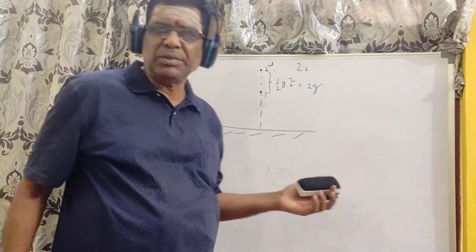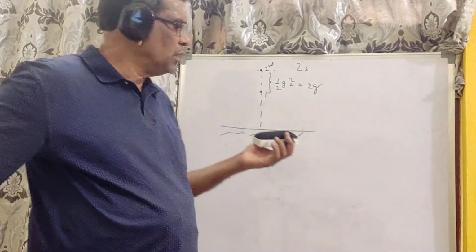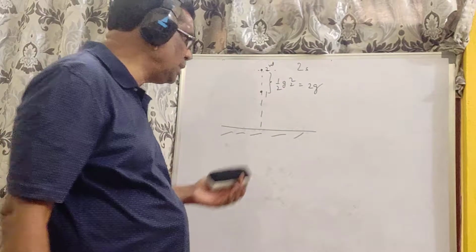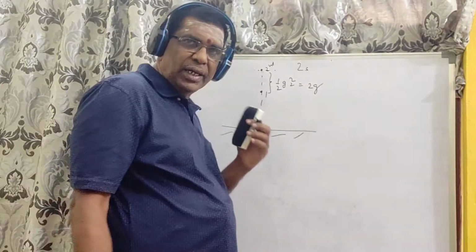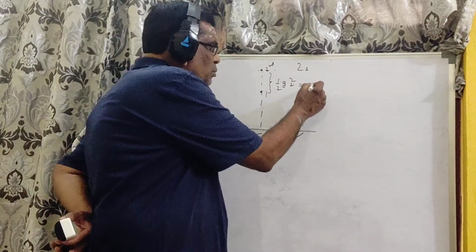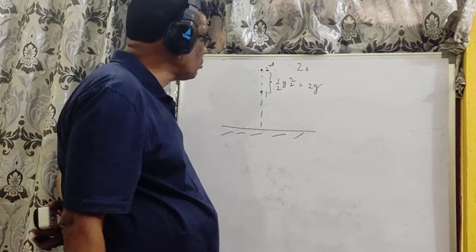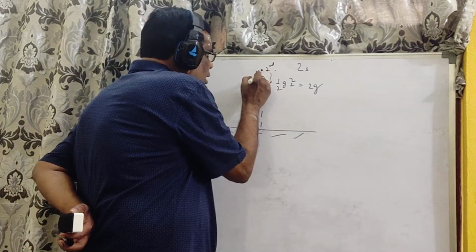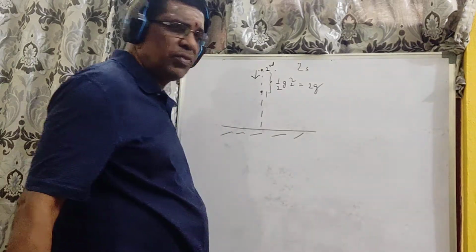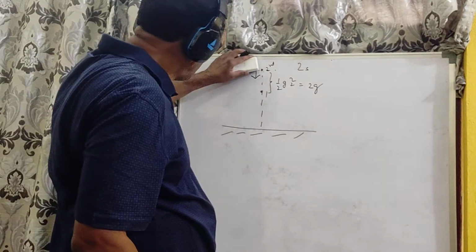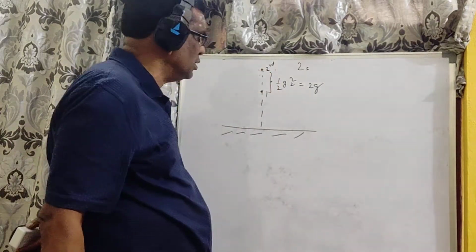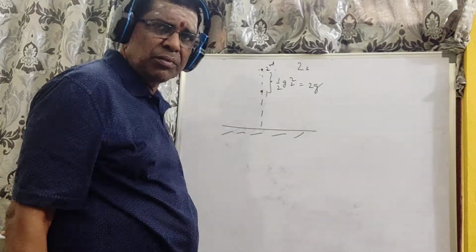G value I am not substituting. As per the value given, you can substitute 9.8 or any value that they give. Okay? So that is about this one. Now, the second body: the initial difference that you have seen is 2g.